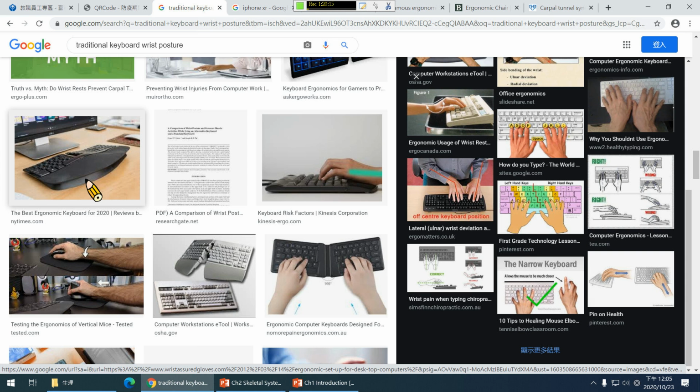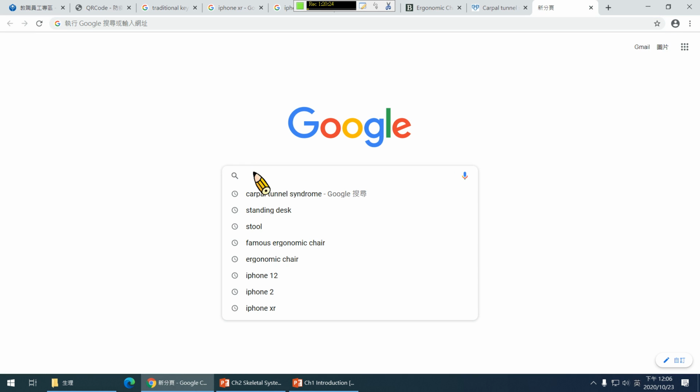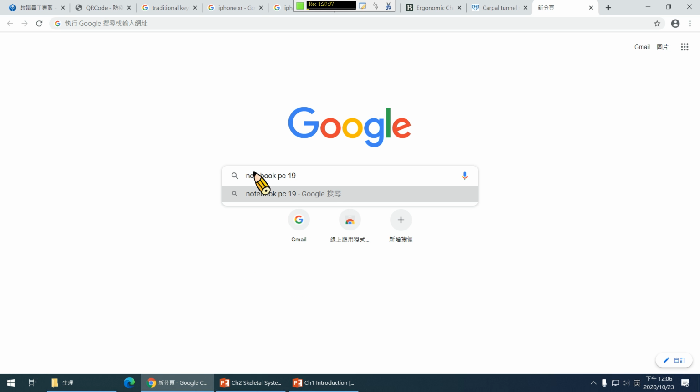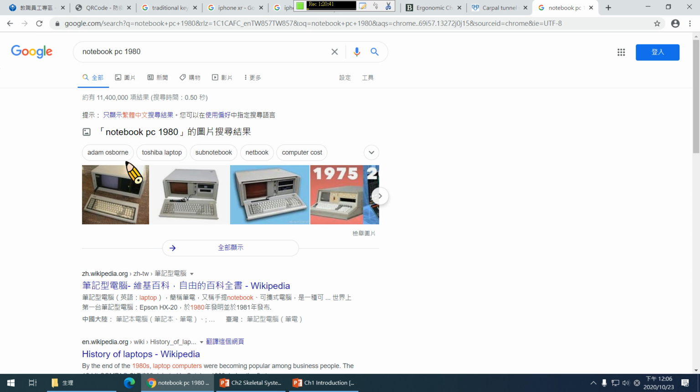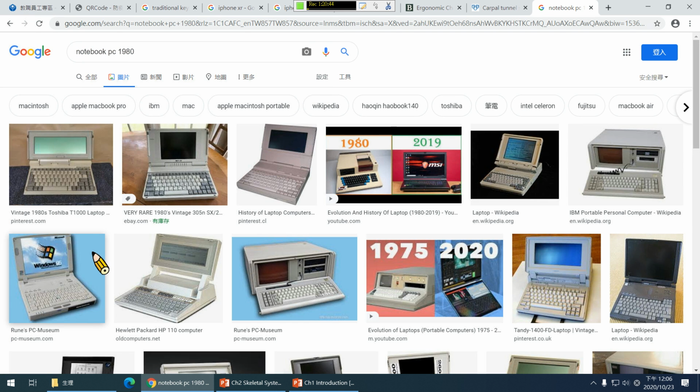Today, the notebook design also changed. If you look at the earlier notebook, it's very interesting. See, in the old days, this is the keyboard design. Look at that.